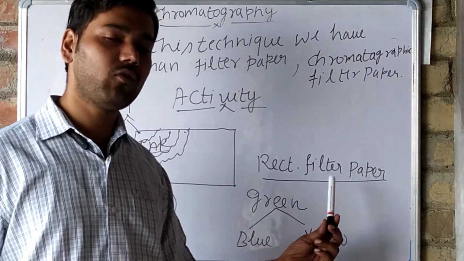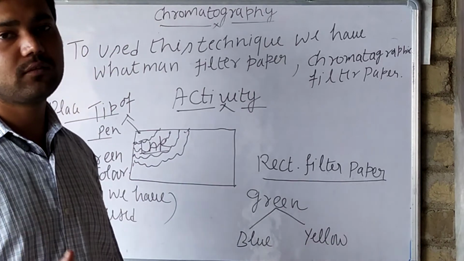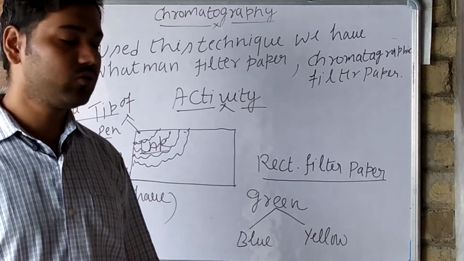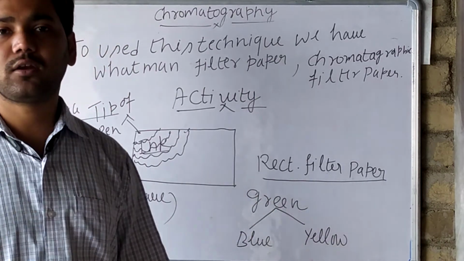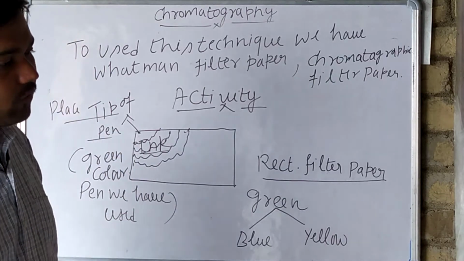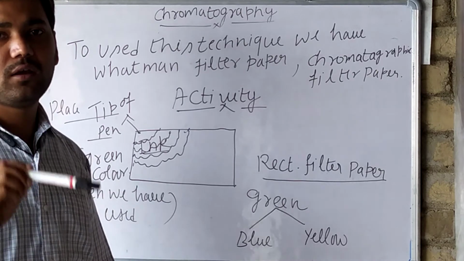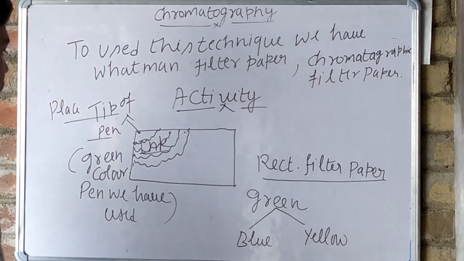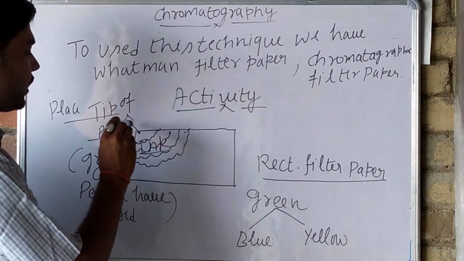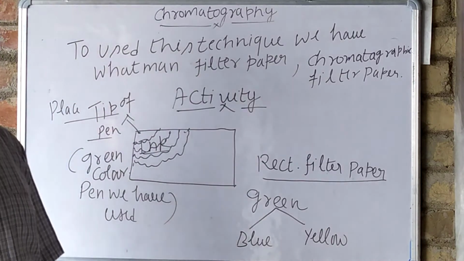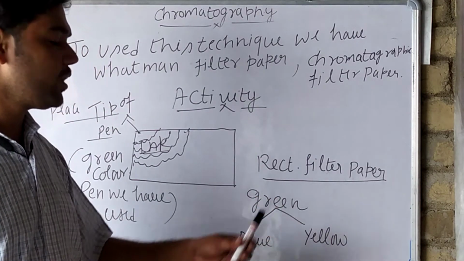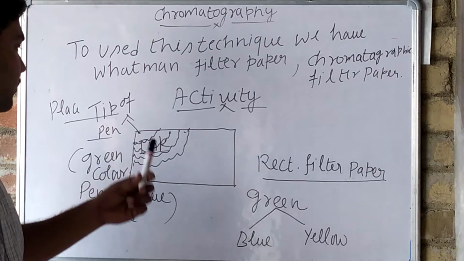We have taken a rectangular filter paper, or we can take a napkin also. We have also taken a green colored nib pen, and we have placed the nib pen on one end of the filter paper.